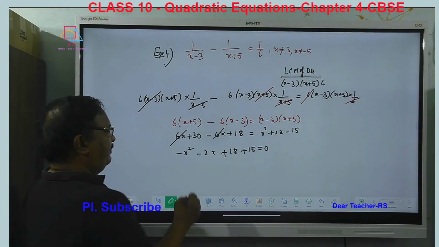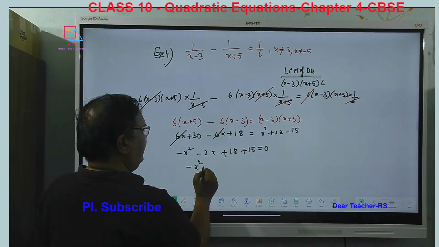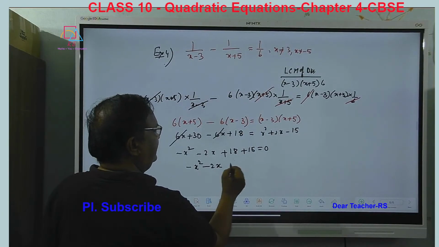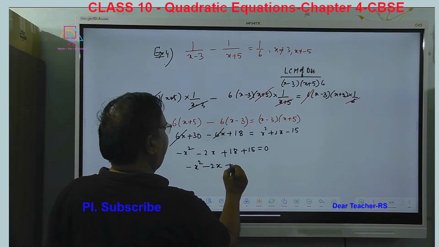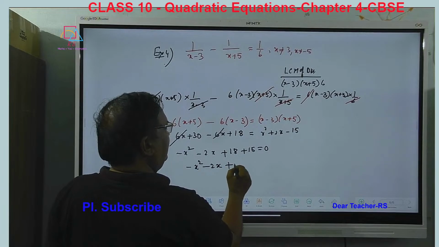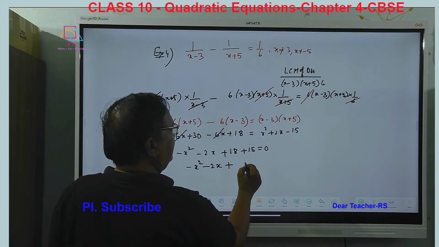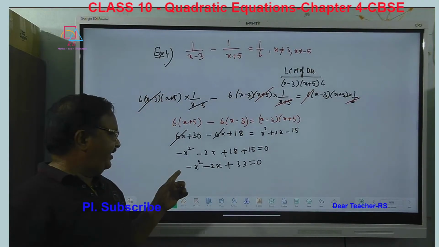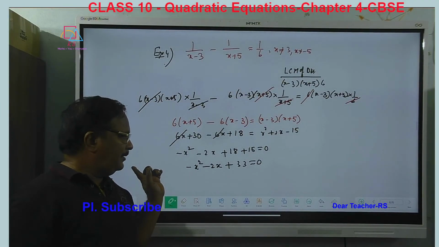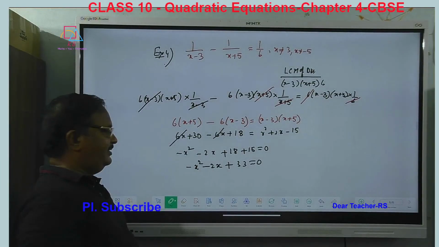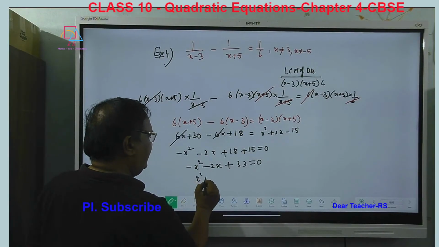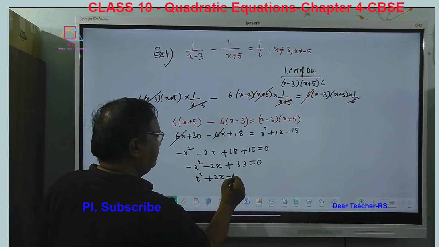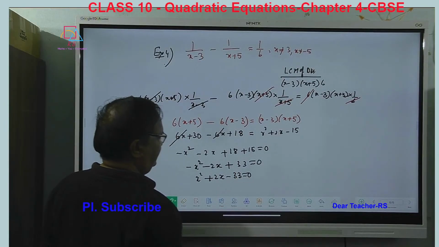So minus x square minus 2x plus 33 is equal to 0. Don't be afraid of minus x square. Multiply every term with minus. So then x square plus 2x minus 33 is equal to 0.